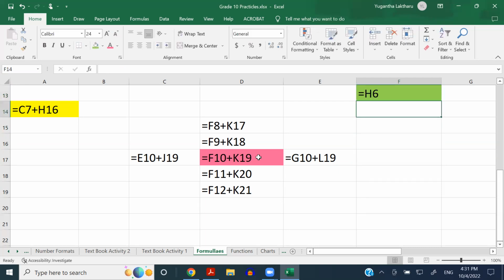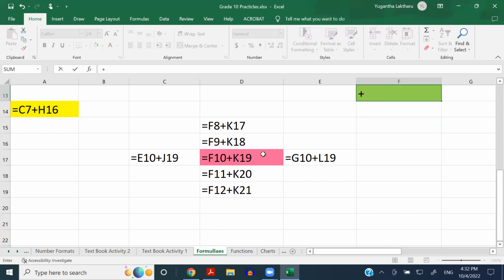Plus, what's going to happen to the K19? K19 will become L19, M19 over here, and moves upward for 4 cells. So M19, M18, M17, M16, and M15.